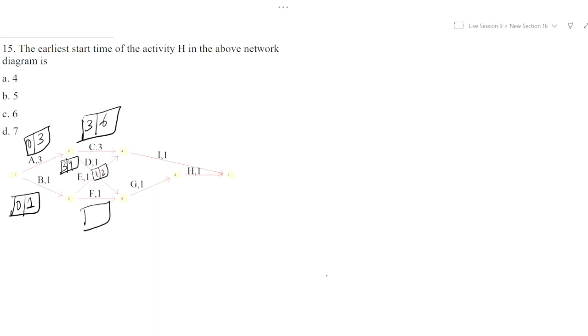F, it is 1 and 2. Activity G, it is 4, 5. Activity H, it is 5, 6. Activity I, it is 6 and 7. So the start time is 5.